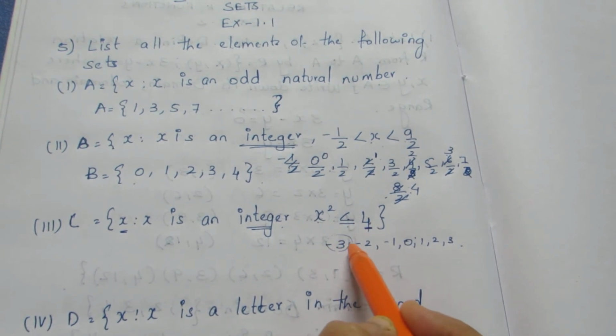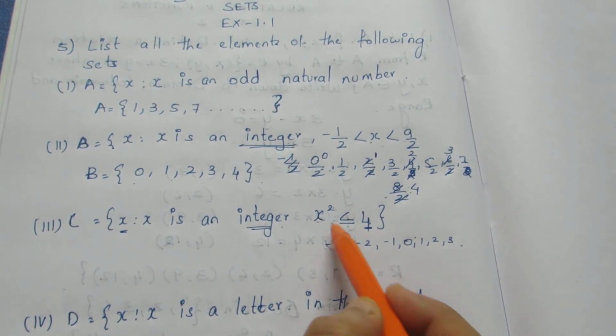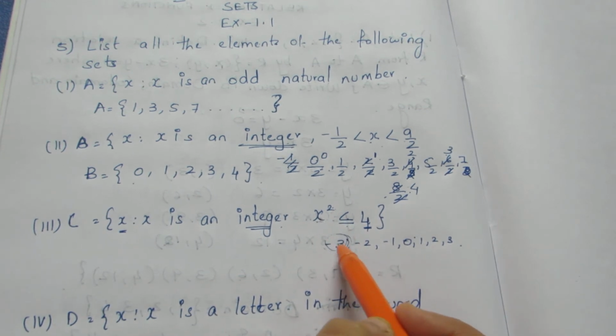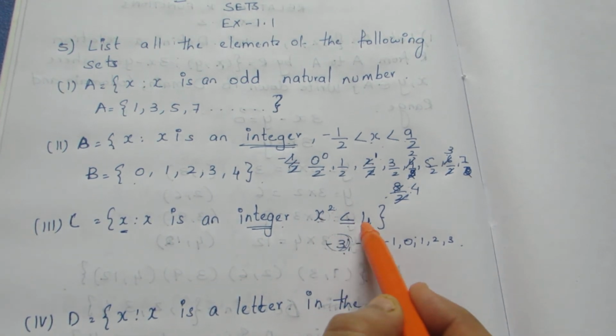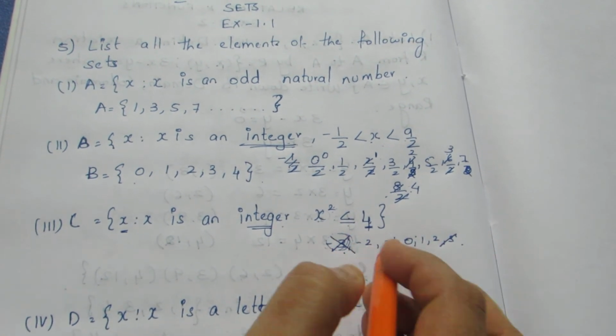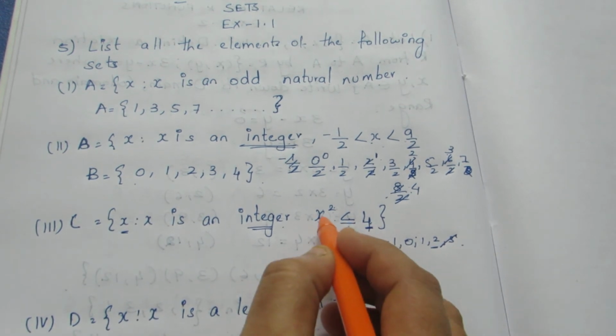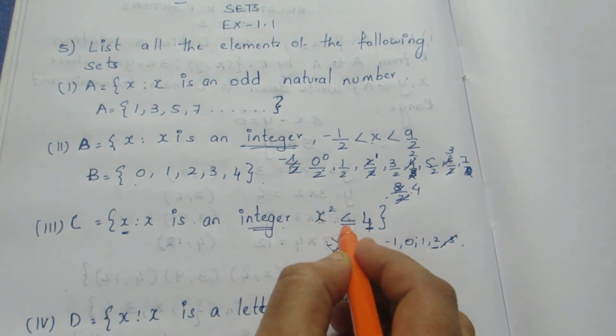If I take 3, 3 square will be 9, minus 3 square will also be 9, which is not less than or equal to 4. So this condition does not satisfy here. So minus 2 to 2. Substitute here and check. Minus 2 the whole square will be 4, which is equal to 4.